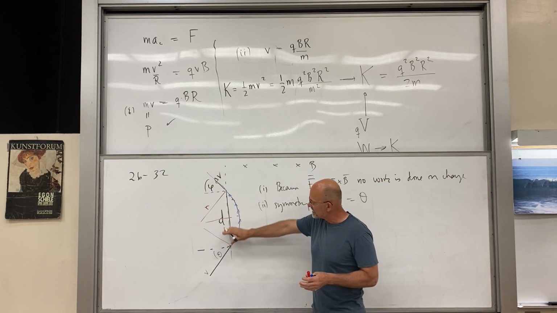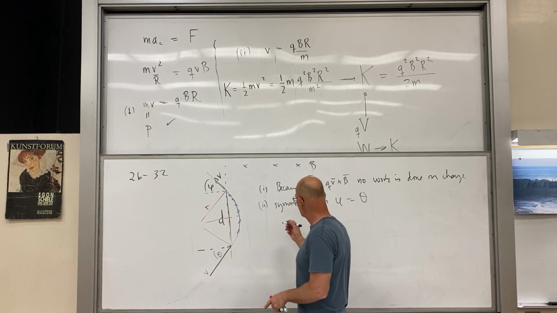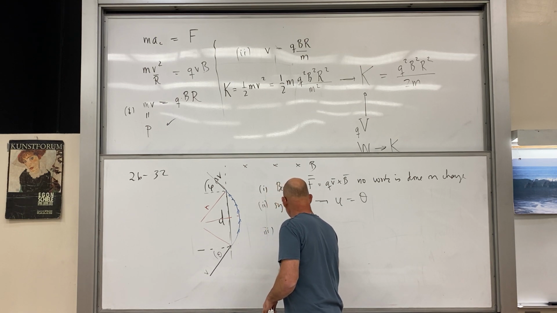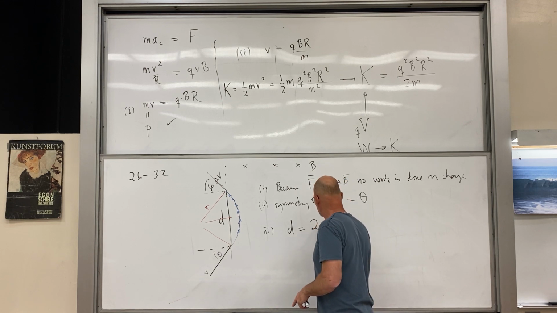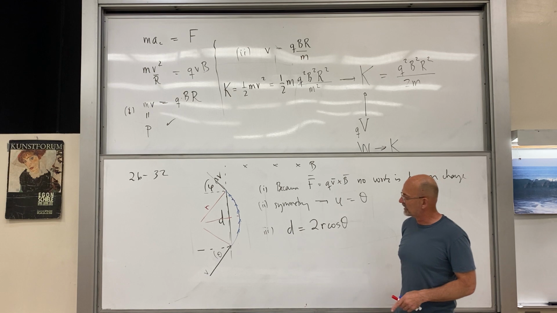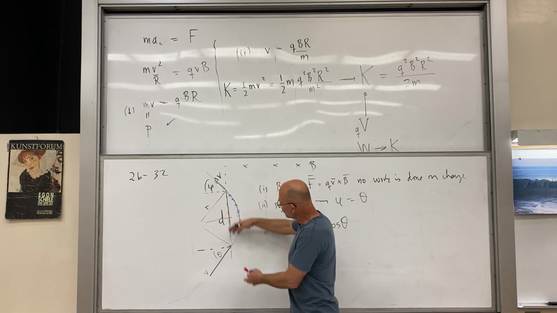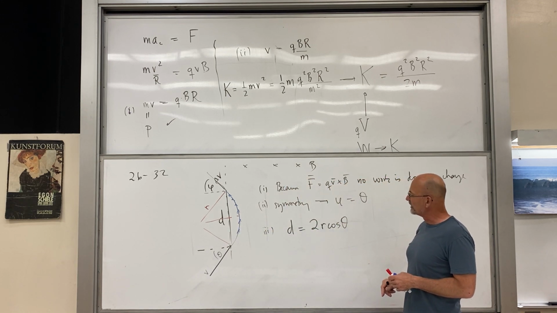I labeled a bunch of these angles and worked my way through, and I found that D, part 3 here, is equal to 2r cosine of theta. So see if you can tease that out. Just after you've concluded these angles are the same, you just work your way through. D is equal to 2r cos theta.